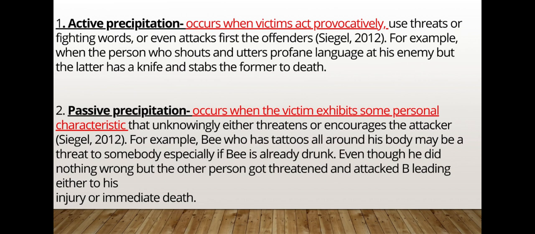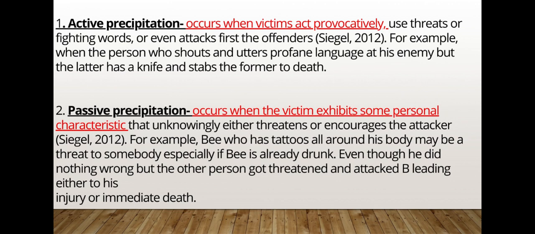For example, si Tanggol at si Pedro, magkaibigan sila, nag-aasaran sila. Ayun, si Tanggol, bigla niyang sinuntok si Pedro nang wala namang dahilan. Ibig sabihin, yung pagsuntok niya kay Pedro is nag-provoke. Nauna siya, nag-initiate siya para mag-away sila. Ngayon, ang nangyari, si Pedro is mas malakas kay Tanggol.